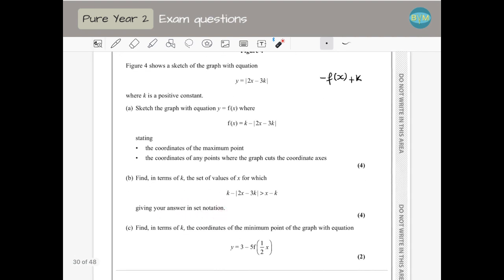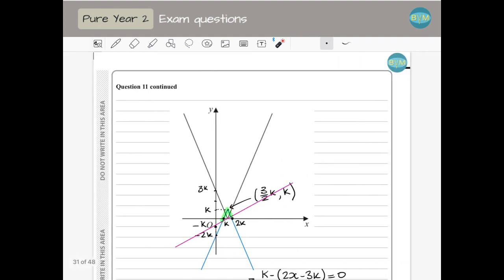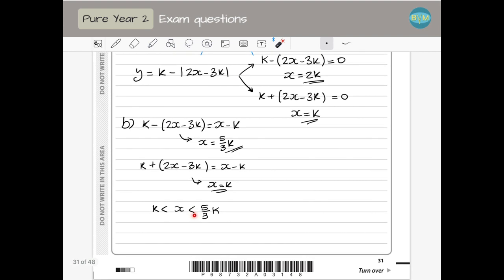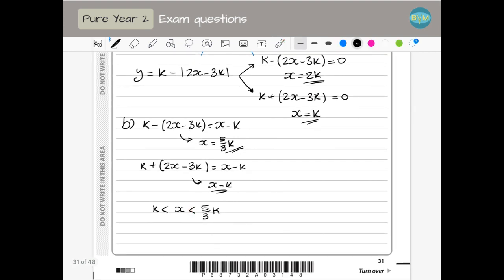In set notation, I don't have the equal. That's why I don't write any equal here, it's just smaller. So in set notation, this is going to be the curly brackets x, with x greater than k, and at the same time, so intersection, again curly brackets, x with x smaller than 5/3 k. So I'm just rewriting this in set notation.